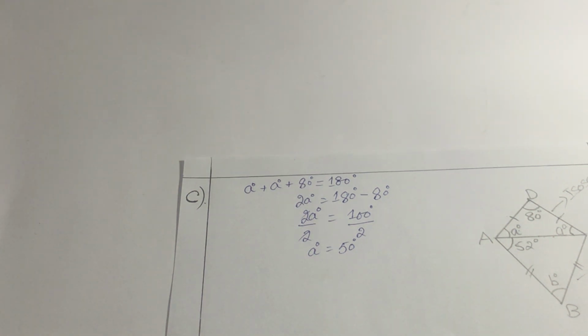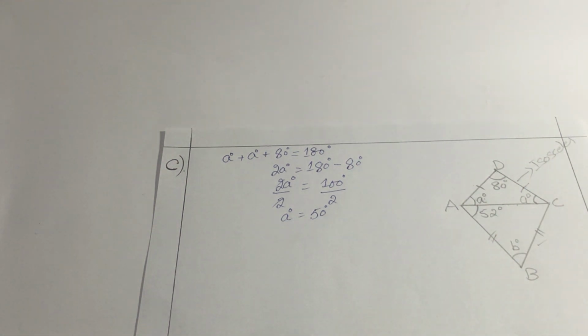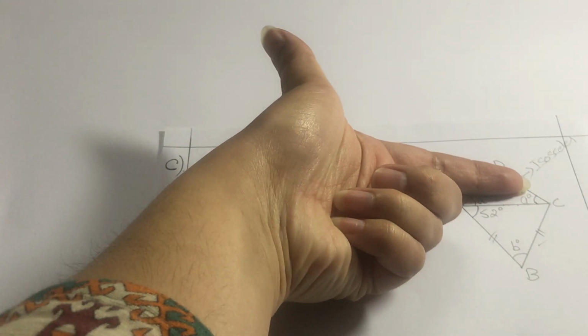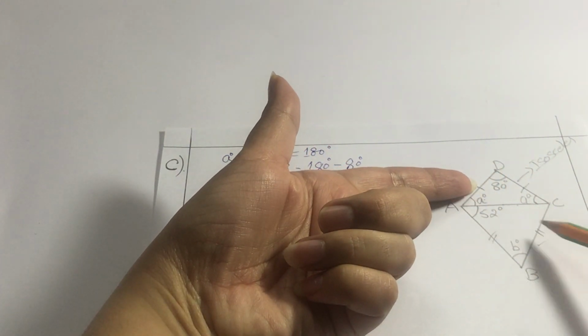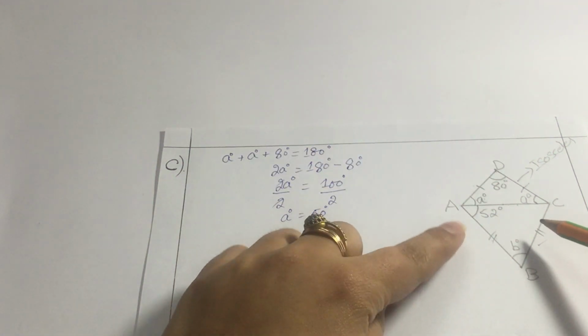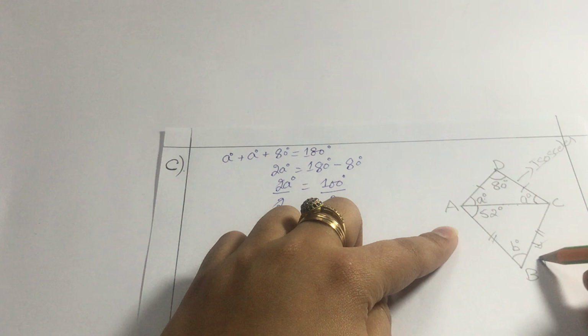Understood? Okay. Now let's solve the bottom triangle, same as your top triangle. If these two sides are equal in a triangle, then it's again an isosceles triangle.